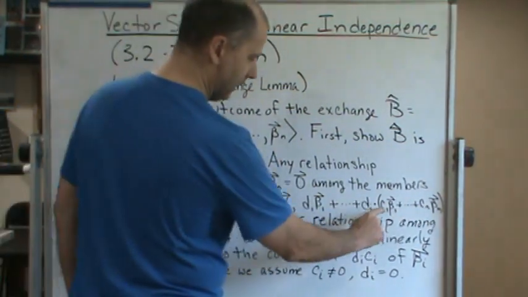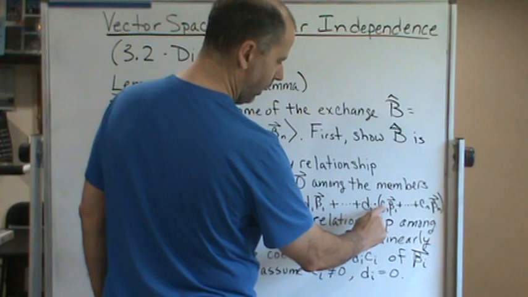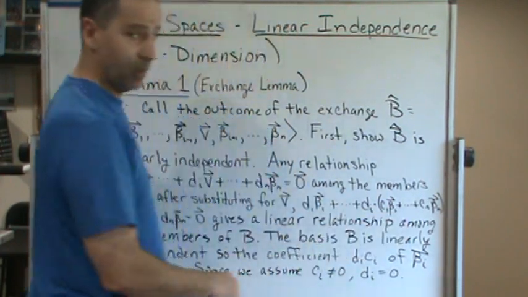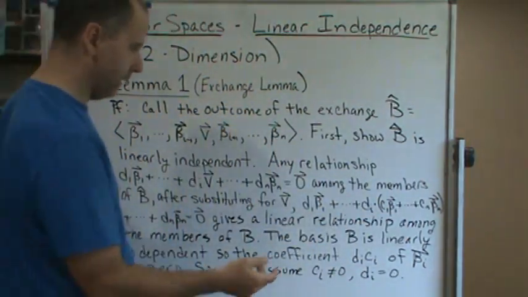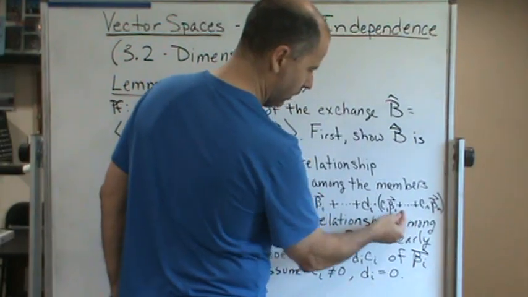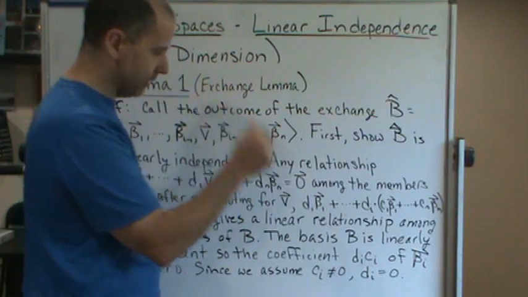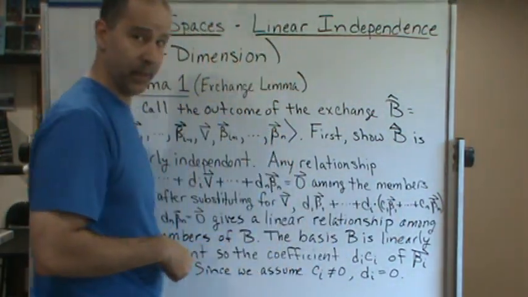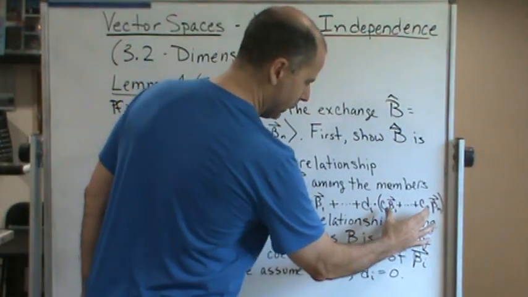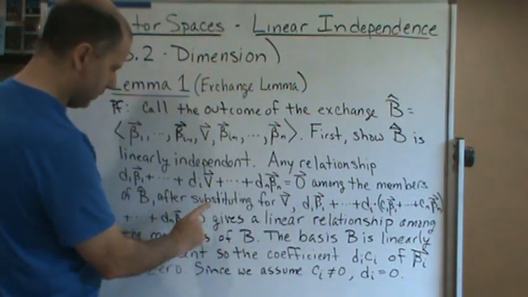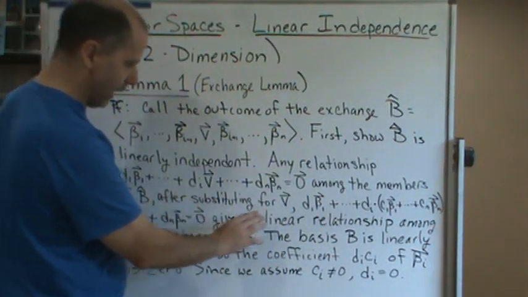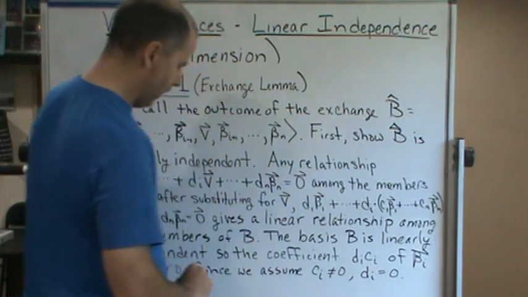Remember, v is a linear combination of the betas from the basis b. So this linear combination here also includes b sub I. I didn't get the chance to write it in here because of space, but we're putting in this piece in place of vector v. So now all we've done is rewritten that equation.